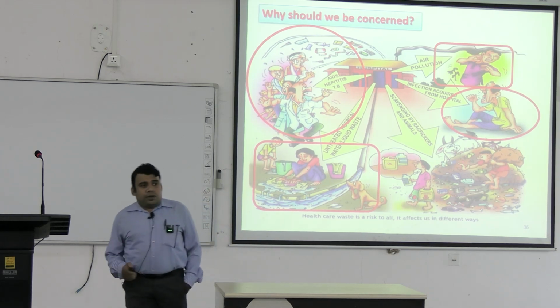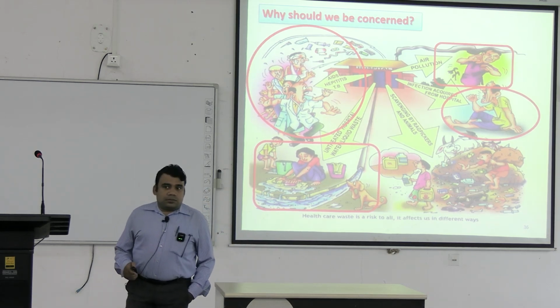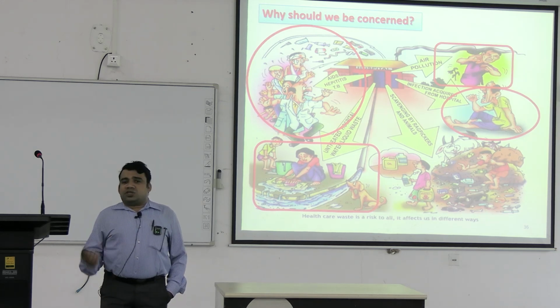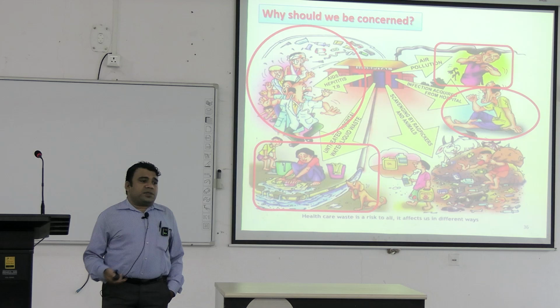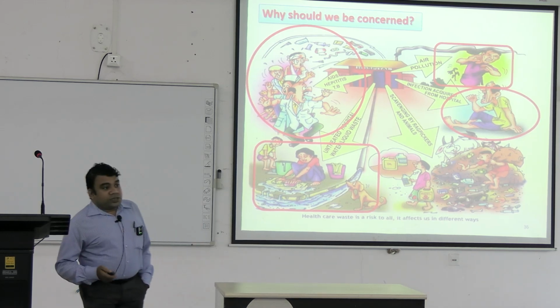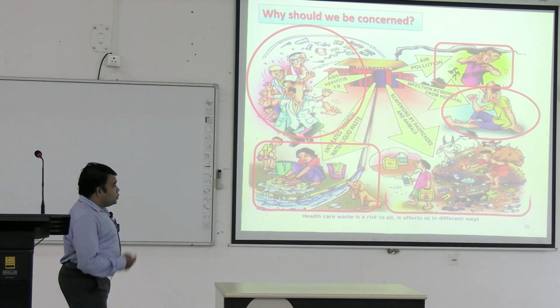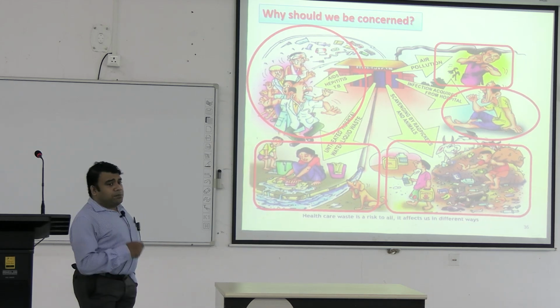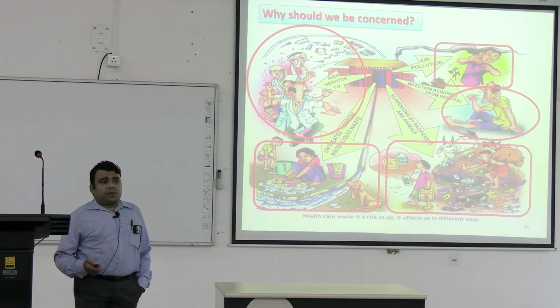All waste should not be burned. Suppose there are many types of chlorinated particles in the hospital waste. If you burn them, what will happen? That chlorine will be liberated into the atmosphere, and inhalation of chlorine is a very dangerous thing that will cause air pollution. And if you do not treat this waste and dump it in open landfills, what will happen?